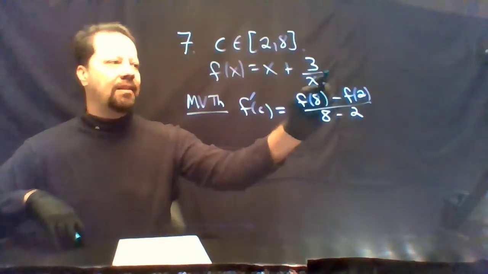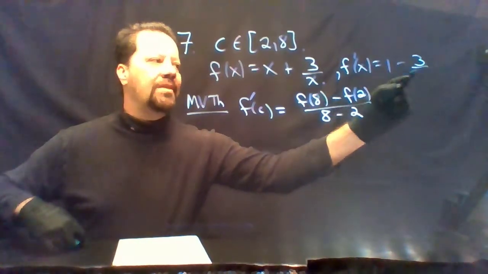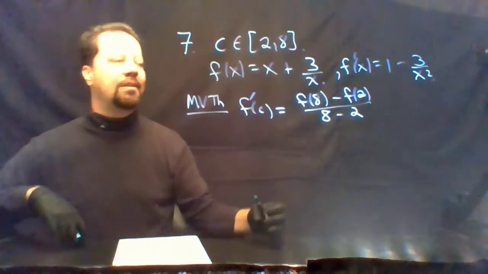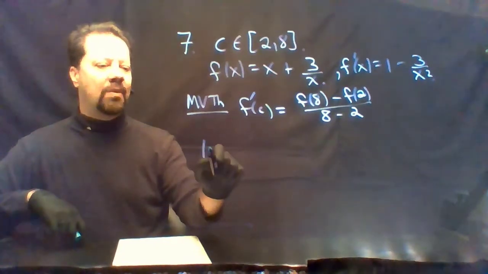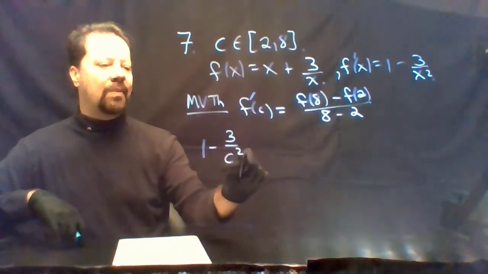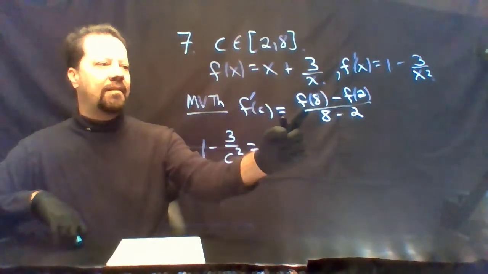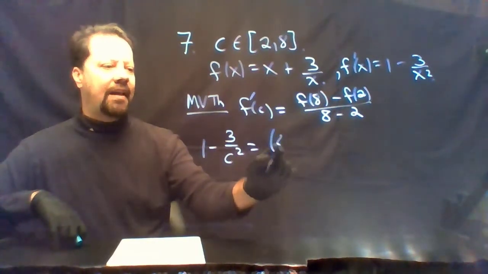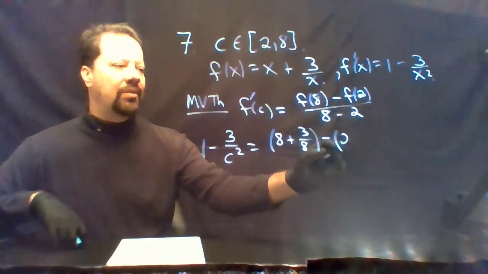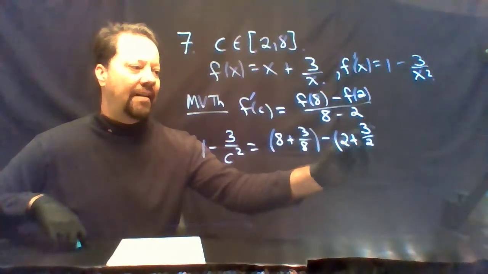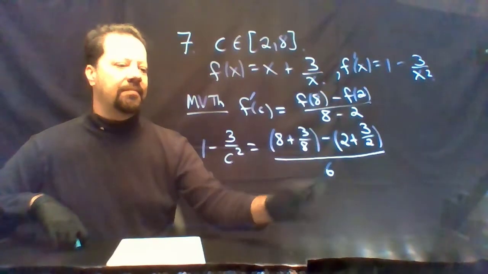So in this case, let's calculate the derivative. F prime of x is going to be 1 minus 3 over x squared. So we're looking for a point c where 1 minus 3 over c squared is equal to, let's see, f of 8 minus f of 2 over 6. In the numerator, we'll have 8 plus 3/8 minus 2 plus 3 halves, divided by 6.